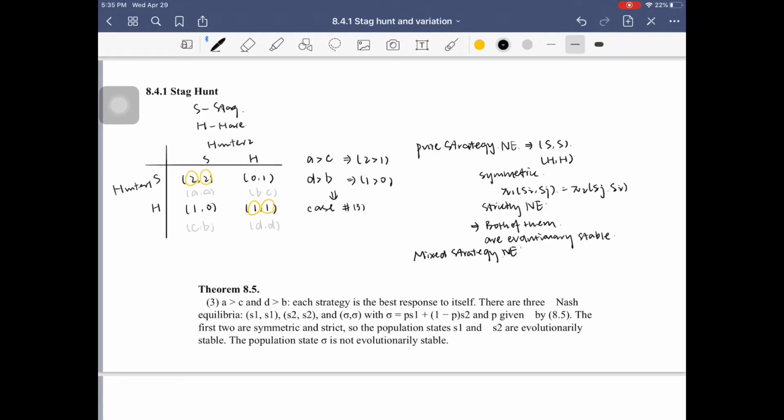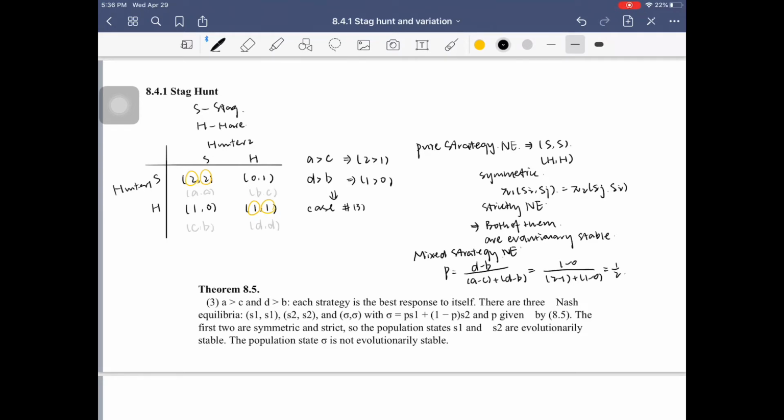And in this case, let's use the equation for this theorem, and there is an assumption for the probability P, that P equals D minus B over A minus C plus D minus B. And we plug in these numbers, so it's 1 minus 0 over 2 minus 1 plus 1 minus 0, and the result is 1 over 2.